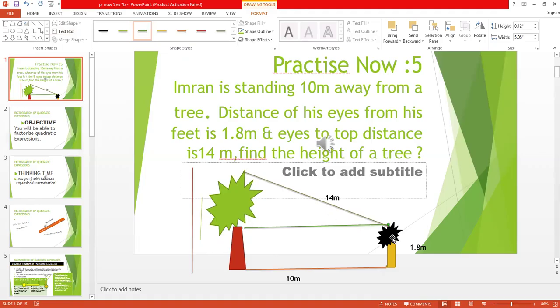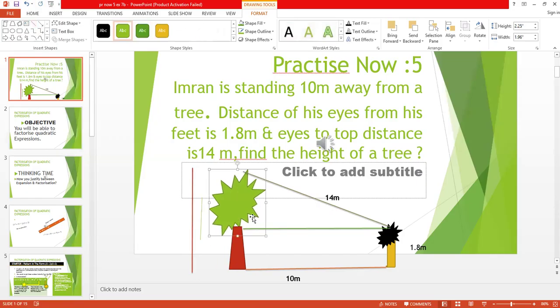Now look at this line. Look here, the distance here. This shape makes a 90-degree angle.